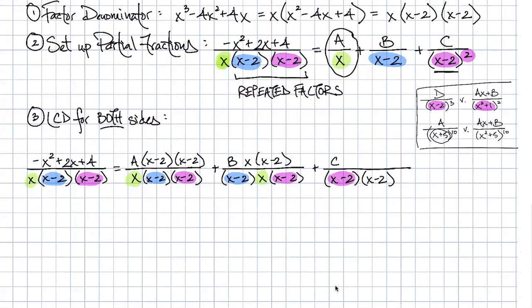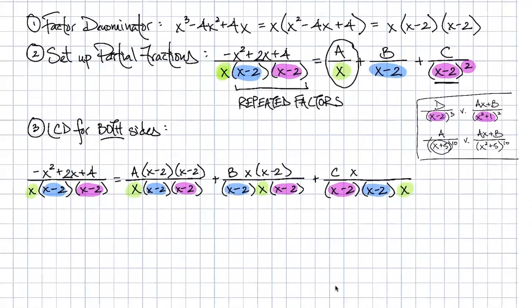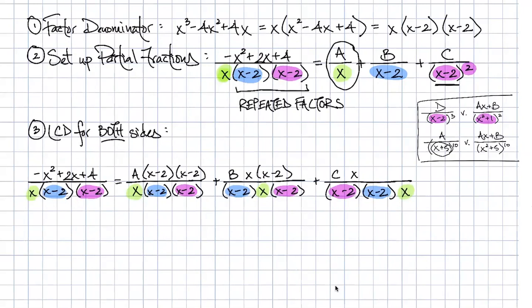There's the purple one, but then I squared it, so that actually takes care of the blue one. Then the only thing I need to multiply the last fraction by is the x, so that I get blue, purple, and green in the denominator. Okay. Any questions about getting this lowest common denominator?